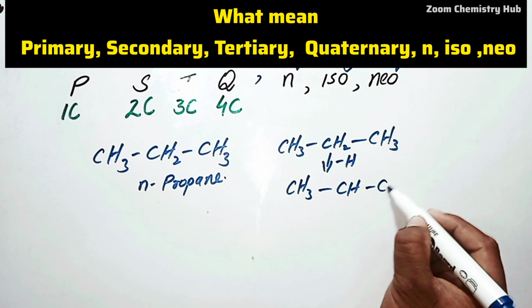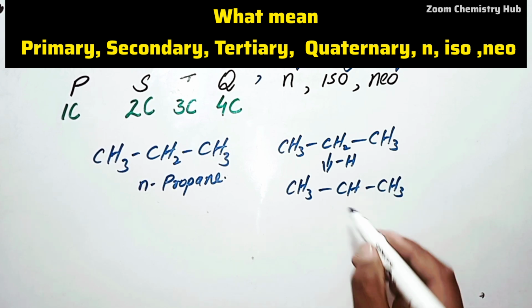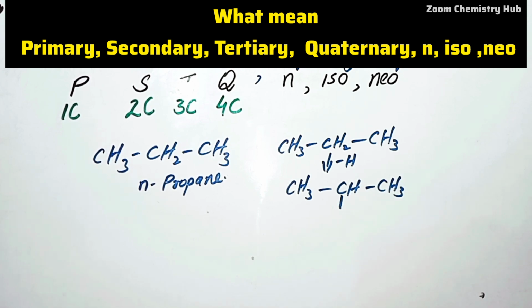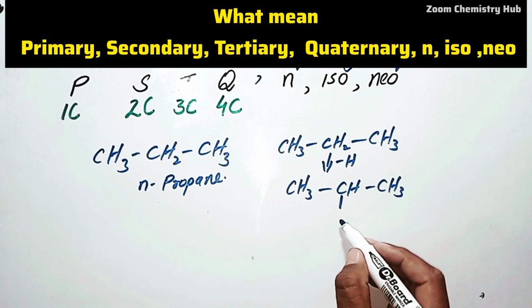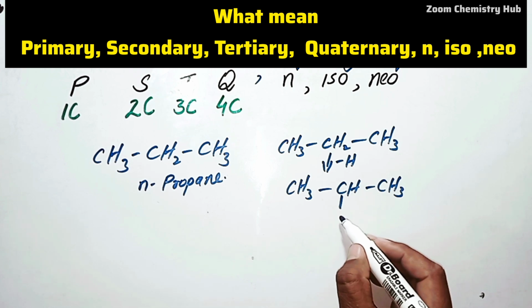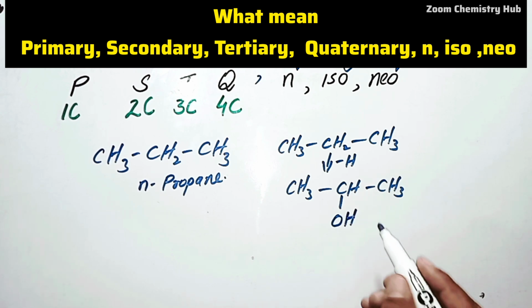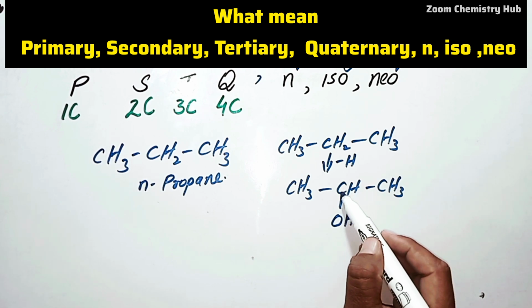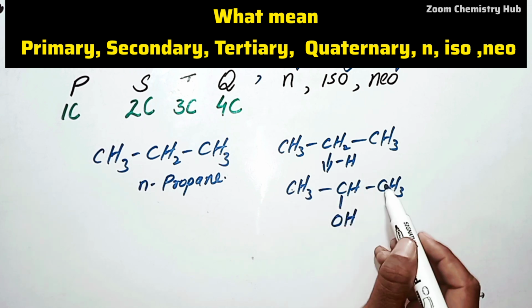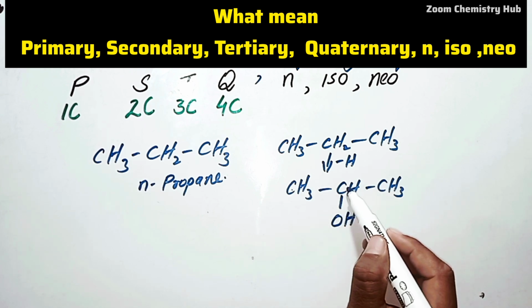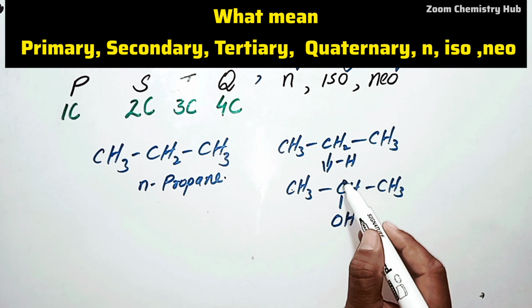CH and CH3. And at the vacant side, if we attach any group, if we attach an alcohol group, and here we can see this carbon is directly attached to 2 carbon atoms, so this is the secondary carbon.